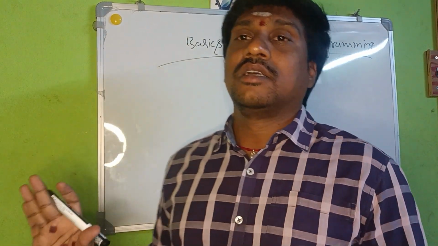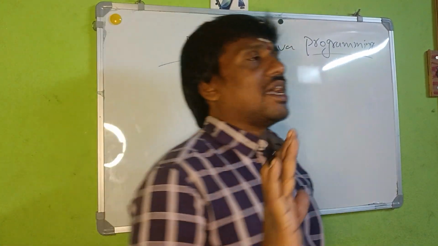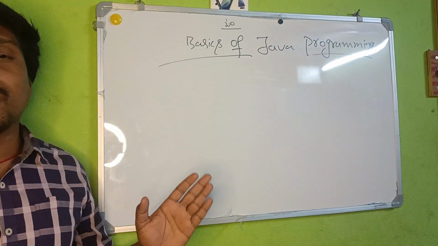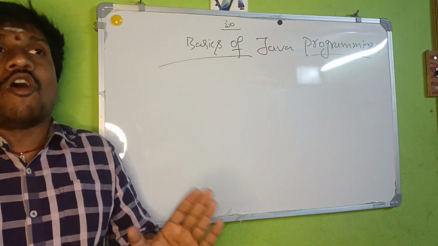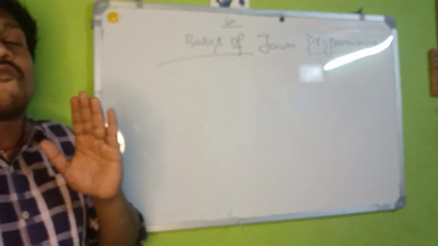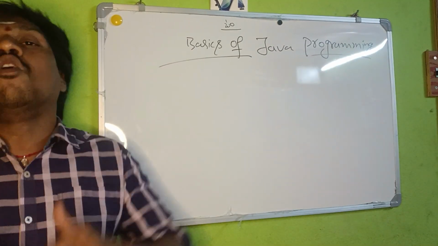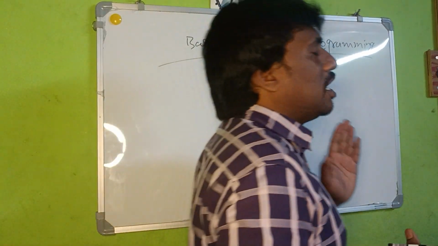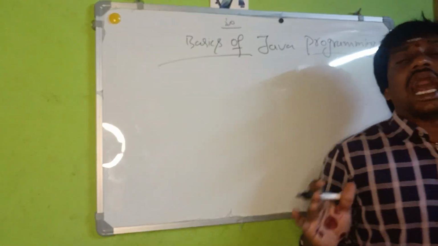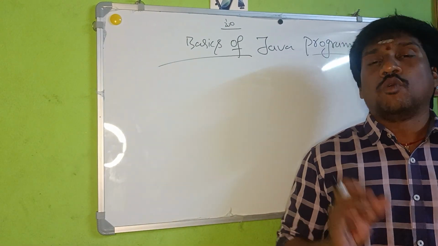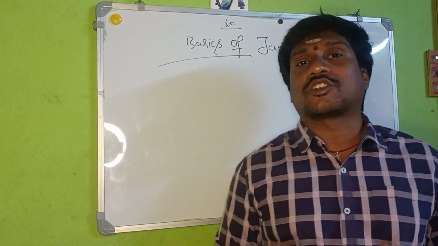I am not talking about Objective C, C Sharp, or the later versions of C programming. I am just speaking about the limitation of our C programming. As of now, we observed that by using C programming language, we can develop only standalone applications.